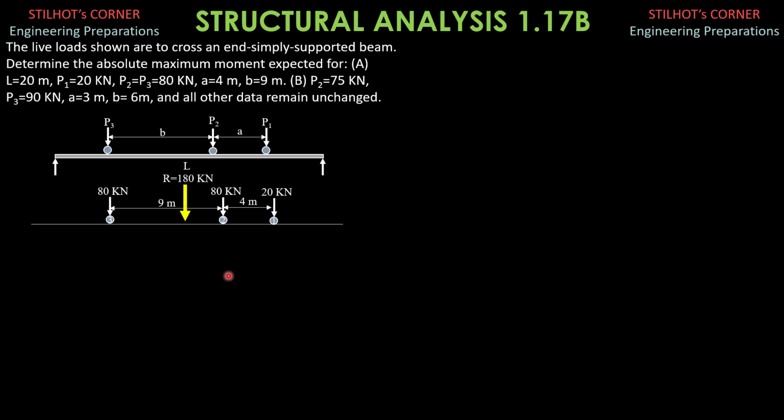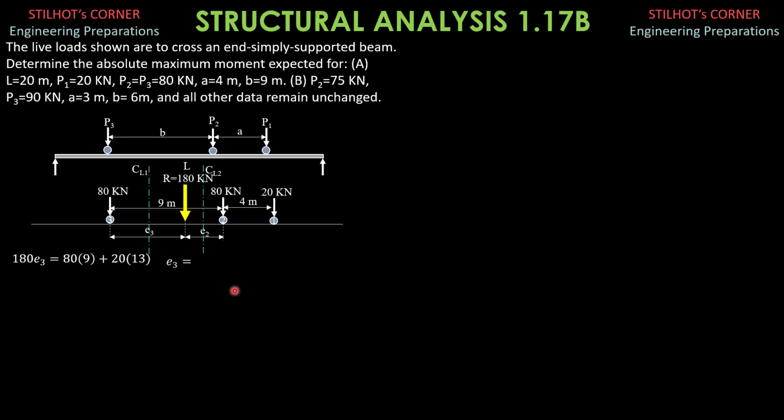That's the resultant, so 180, call this E2. That's the center line 1. Imagine center line 2 if we consider load 2 and the resultant later. So this is E3 and this is E2. By Varignon's theorem, 80 E3 equals 80 times 9 plus 20 times 13, where 13 is 9 plus 4.